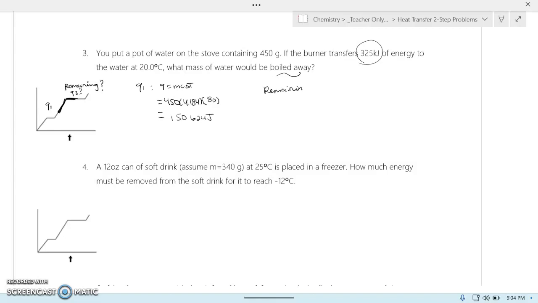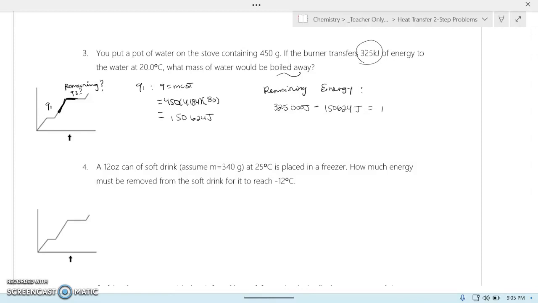And now we're going to find that remaining energy, because that's going to be what will tell us how much we can actually boil. So remaining energy, if we've got 325,000 joules to start with, let's subtract out how much was required to raise the temperature to the boiling point.